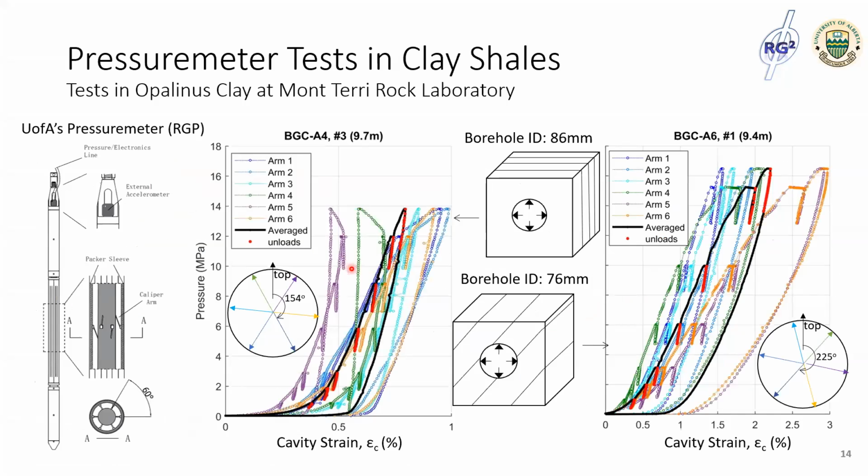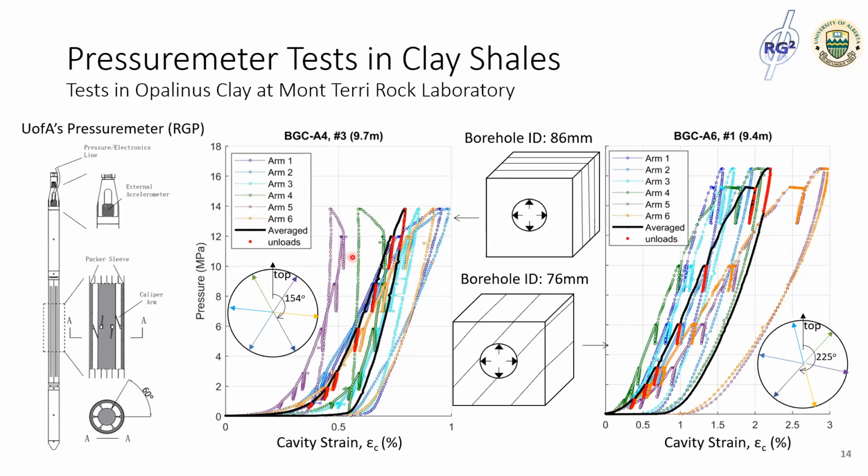And here are example test data in the 2 boreholes. The Pressuremeter is installed with an external accelerometer so that the orientation of the instrument can be determined. So this angle with respect to the top of the borehole can be determined with the accelerometer reading.